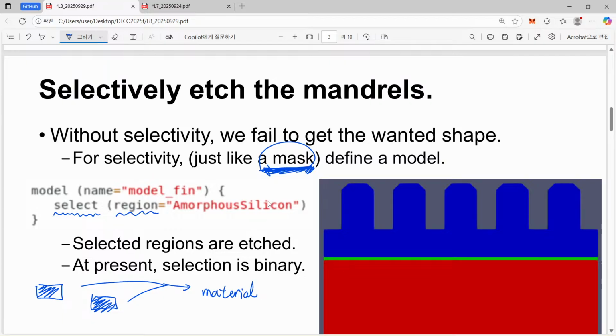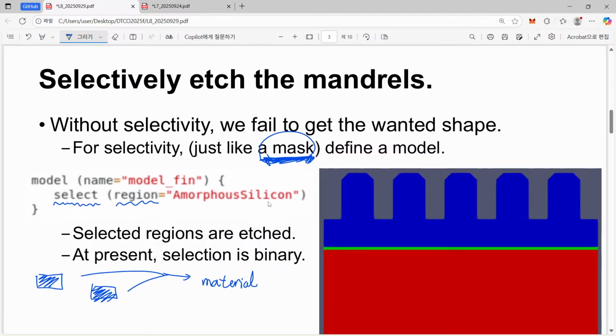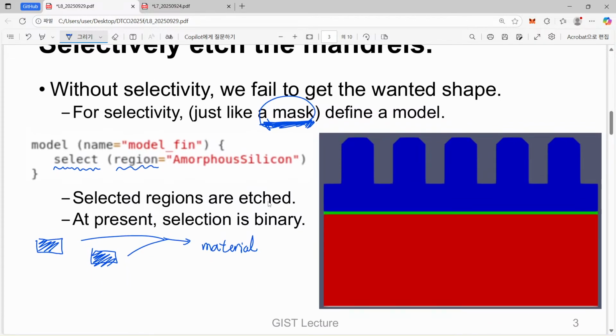So here it means that amorphous silicon is selected. If we do this etching process without any kind of model selection, that will be the resultant profile of our etching process.